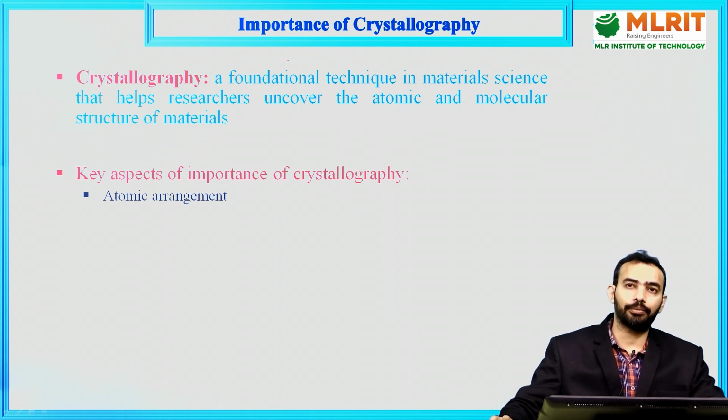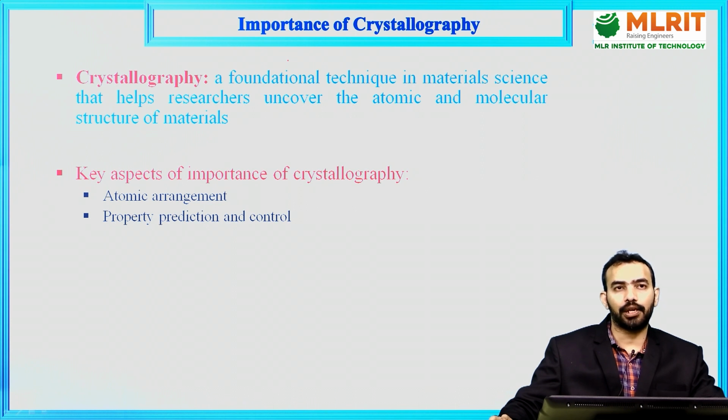It gives researchers information about how the atoms are arranged in a particular material. That information we can get using crystallography. Then if we know the atomic arrangement, it enables us to predict the properties of that particular material. We all know, as we saw in the last class, that properties depend on the structure of the material.